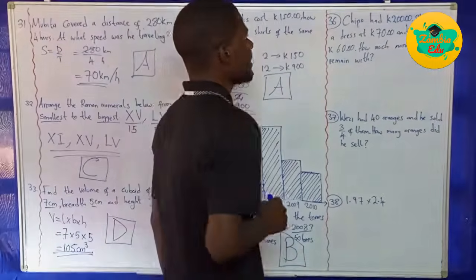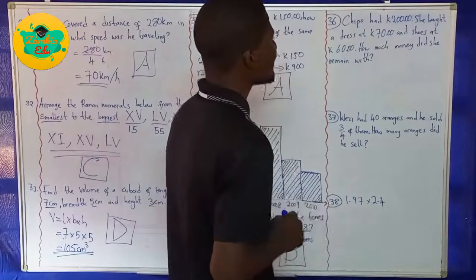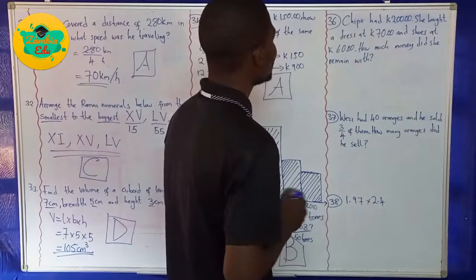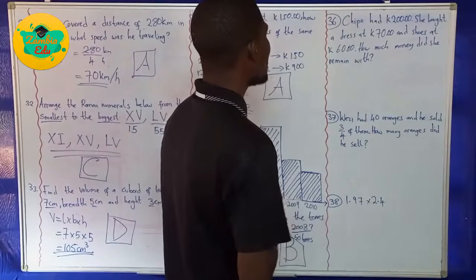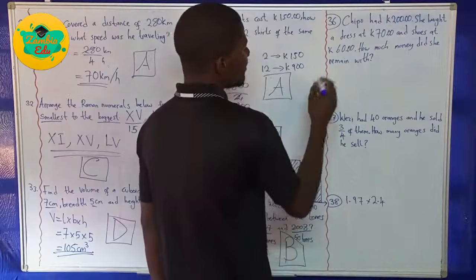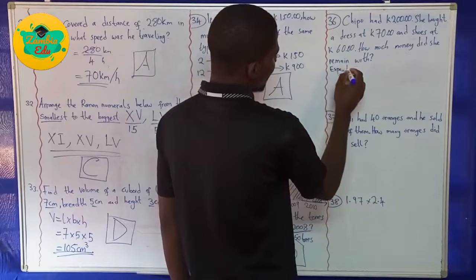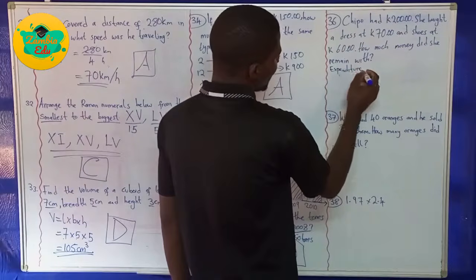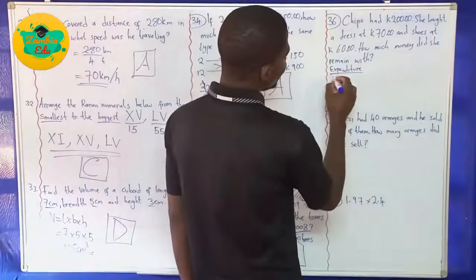The question says, Chipo had 200 kwacha. She bought a dress at 70 kwacha and shoes at 60 kwacha. How much money did she remain with? So first and foremost, let's look at her expenditure. What did she buy? Dress.